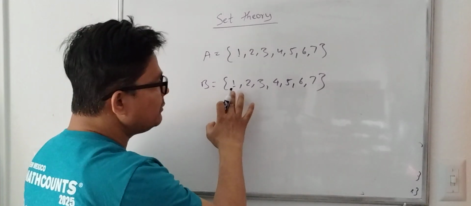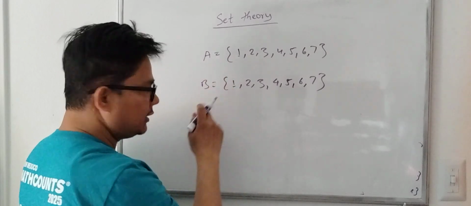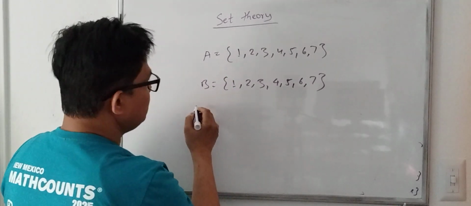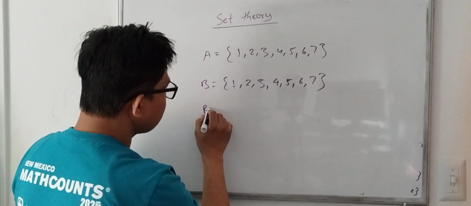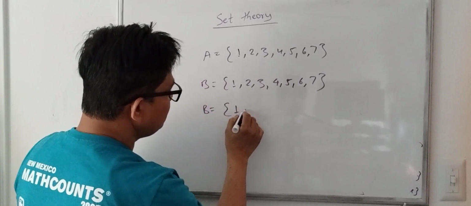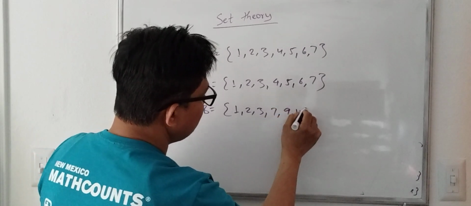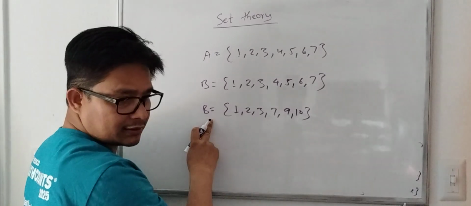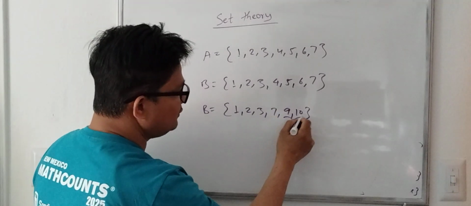Even if all the elements of B are in A, it will be a subset. Okay? Let's try this thing. 1, 2, 3, 7, 9, 10. Is this a subset? Another set here. No, because these two elements are extra.